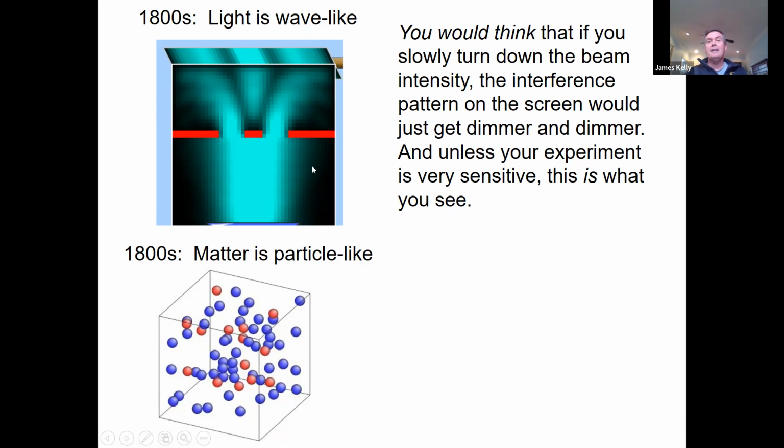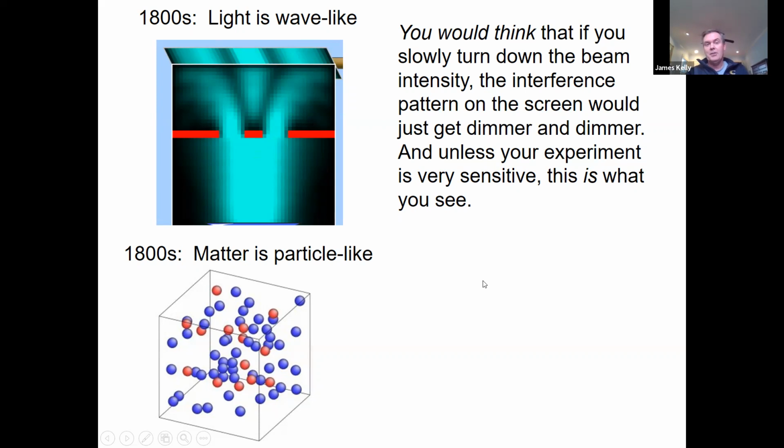Now, considering light again, you'd think that if you shone light through a double slit and turned down the intensity, what would happen to the pattern you're seeing on the wall behind it? If you turn down the intensity of this laser beam, I would expect the pattern to just fade and get less and less distinct, but still be continuous on the wall behind the double slits.